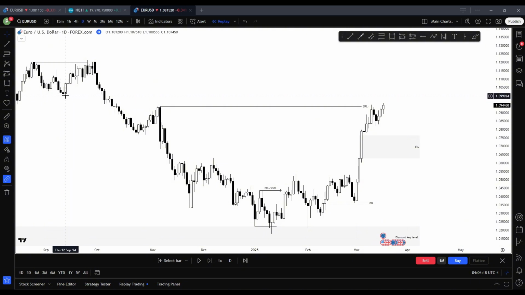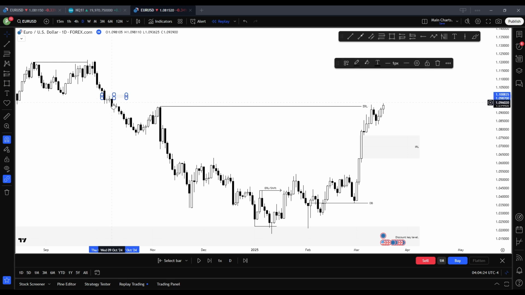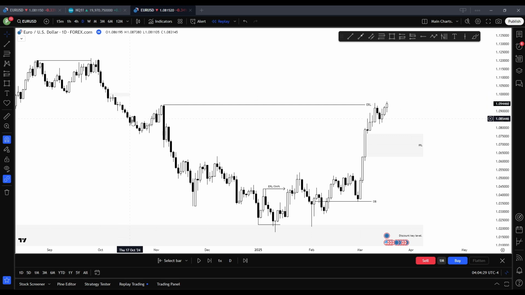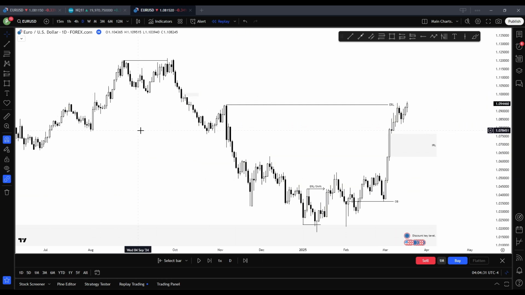And after it took out this external range liquidity, it then retraced back and filled this IRL before it started moving lower, right? And then after it took out this ERL again, we had a retracement and a pullback. With this pullback, we filled this internal range inefficiency and this internal range liquidity before we moved lower again.